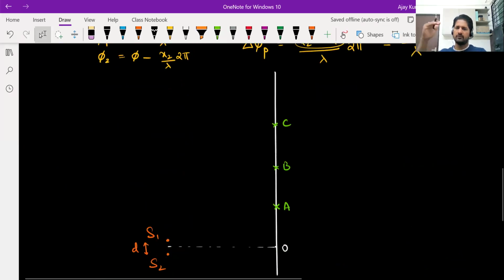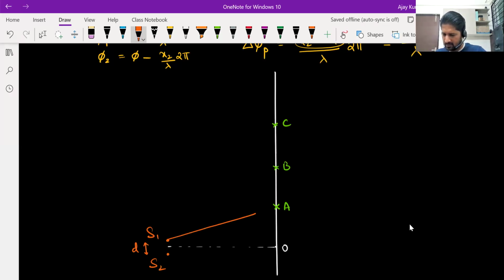As you keep going away from O, what is the maximum possible path difference that can be seen? Okay, simple visualization. From S1, you imagine one wave arriving at A, and from S2, you imagine one wave arriving at A. Obviously, the distances are different, so some path difference will be there.